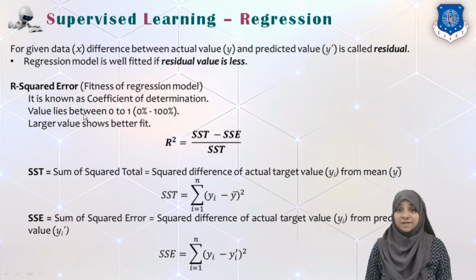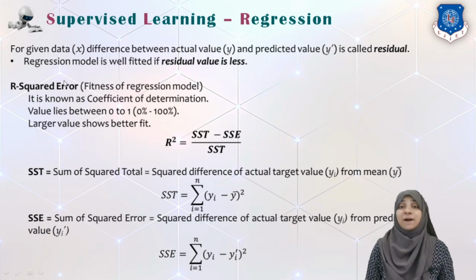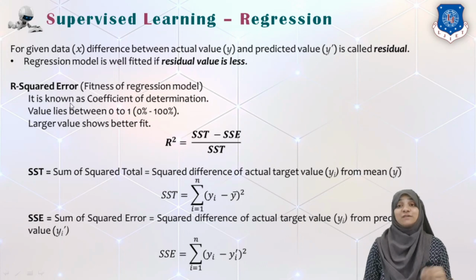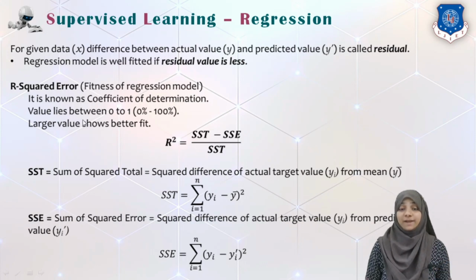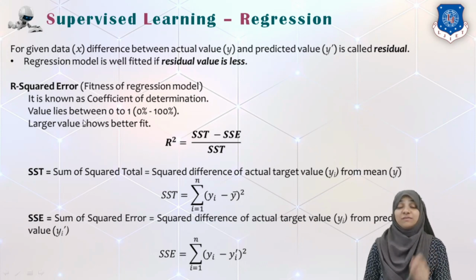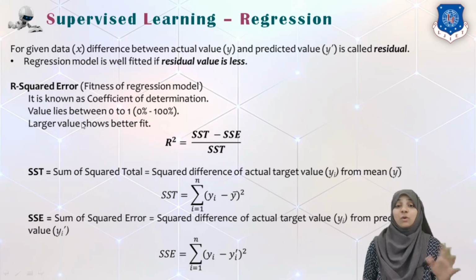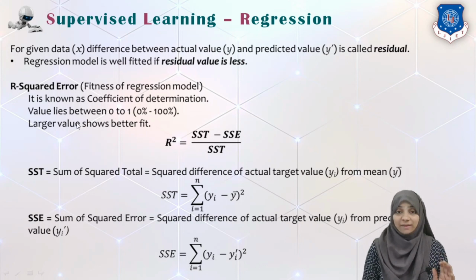The overall prediction of a model is given by R-squared error, which is also known as the coefficient of determination. And this value of R-squared always ranges from 0 to 100% or from 0 to 1. The larger the value of R-squared, the better the fit of the regression model.